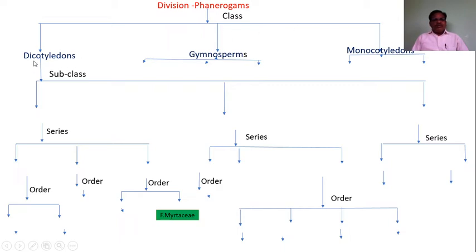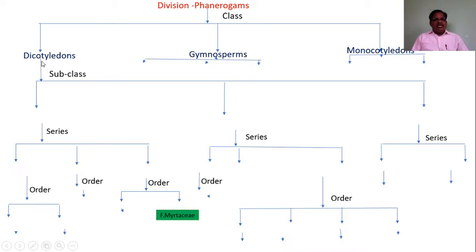So when we concentrate on the characters of these dicotyledons, that is 2 cotyledons in the seed, one character is there. Second character is that in the dicotyledon, the leaves have reticulate venation. Root system is tap root system.